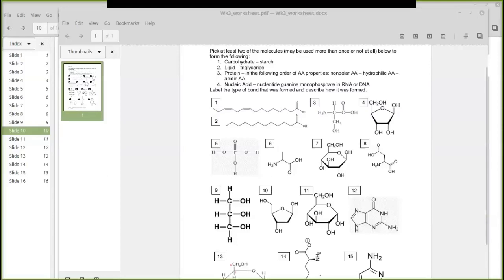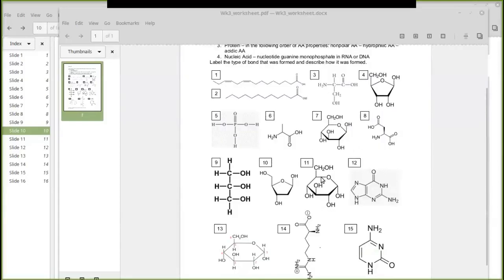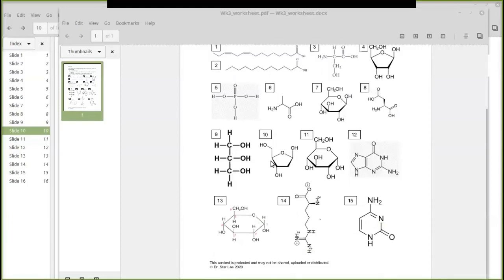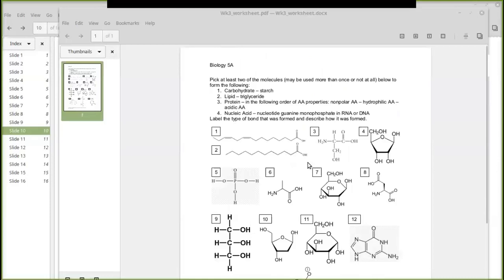Okay, right. Okay, a couple more seconds for people. Okay, good. Ten would be the sugar backbone to form your DNA.